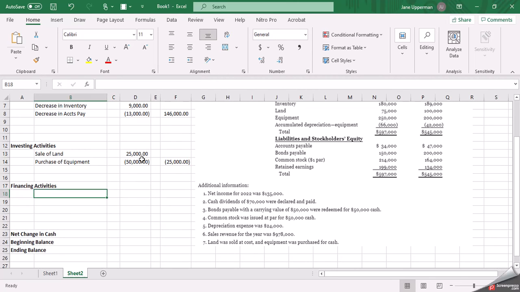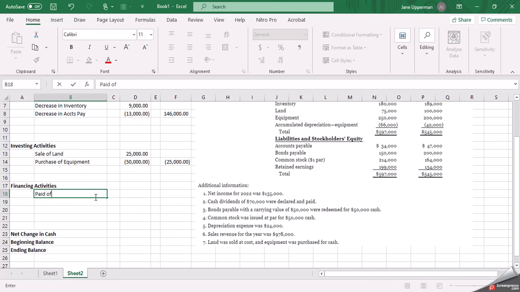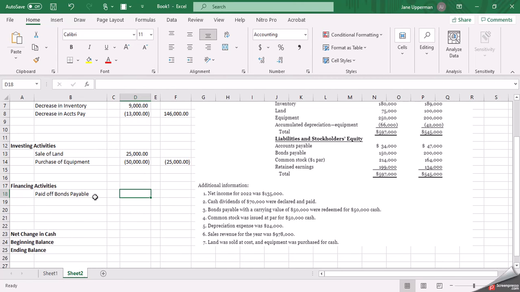Then our financing activities, we come down to our bonds payable. So our bonds payable decreased by $50,000, and here it tells us they were redeemed for cash. So we paid off bonds payable, 50,000.